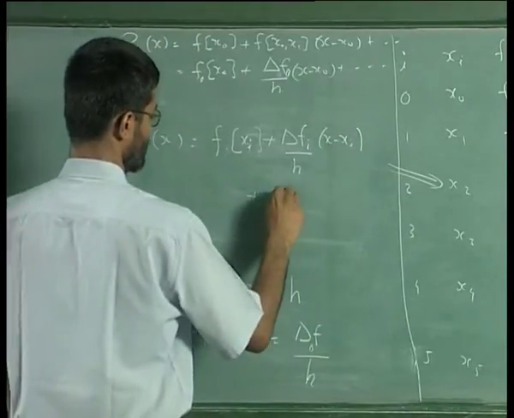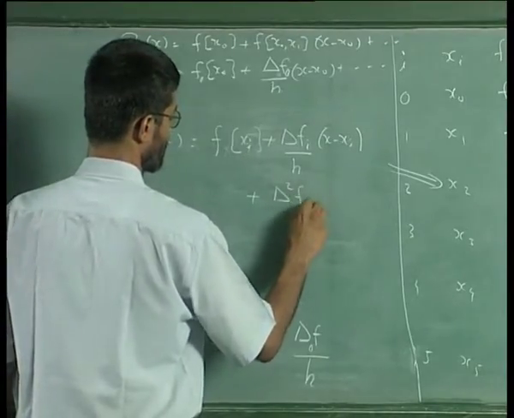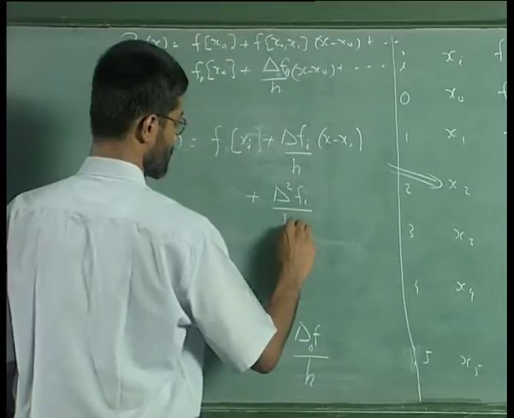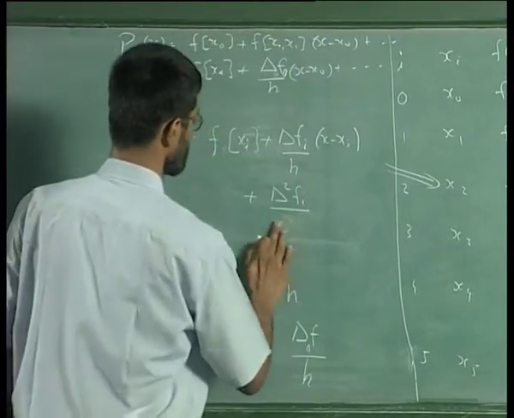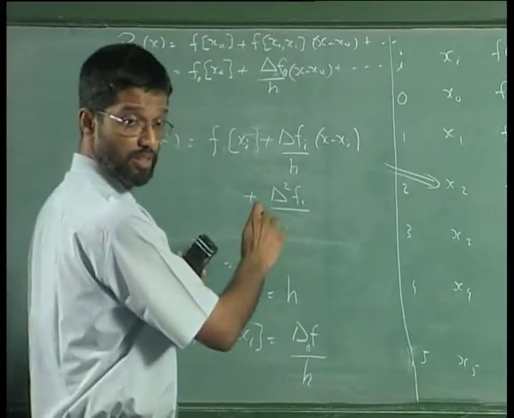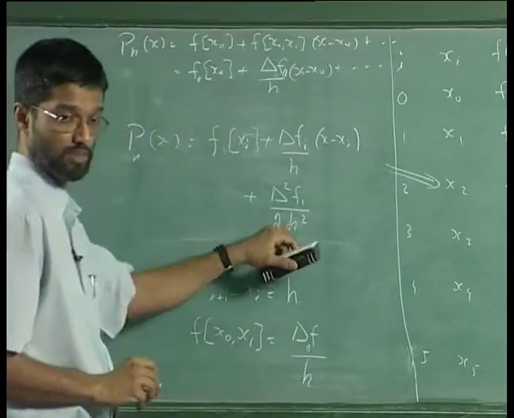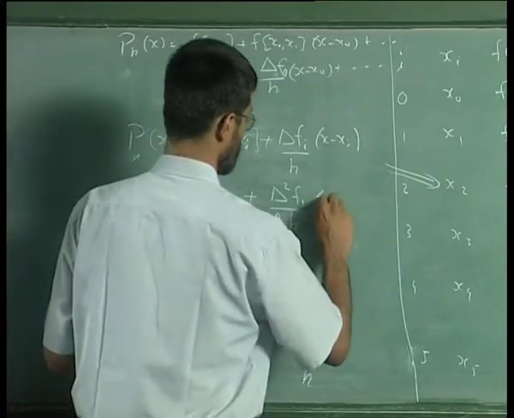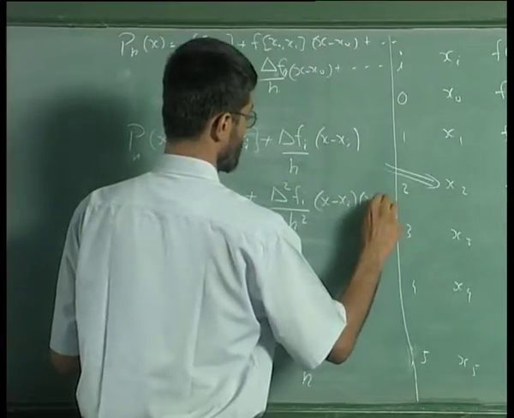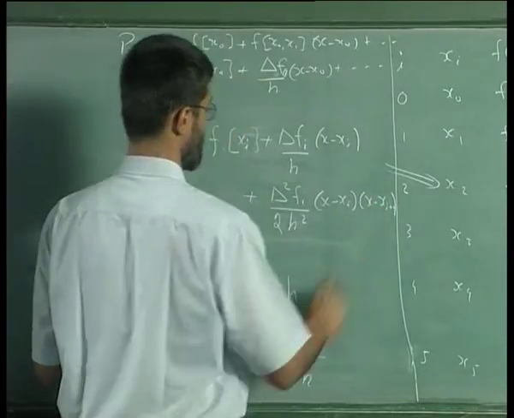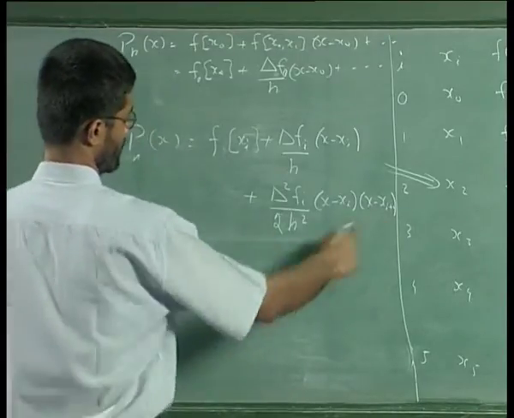The next term will be del 2 fi. Now you will have an h squared coming there, because of two terms. Sorry, it will be 2h, so it will be h squared into 2. That's what you will get as the coefficient. And then you will get x minus xi into x minus xi plus 1, and then there will be other higher order terms.